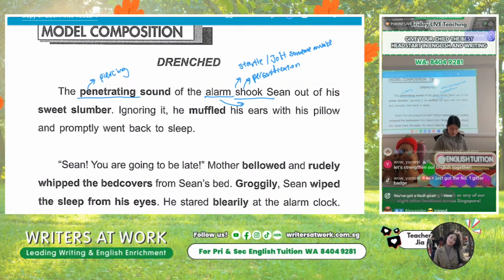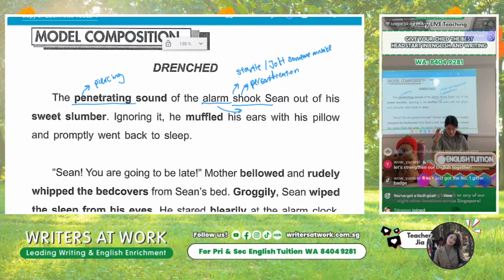Now, this is another way I can explain the importance of going through these kinds of compositions with us, no matter which academic level you are or which exams you're going to pursue, whether you're taking A levels, O levels, PSLE, or IB.